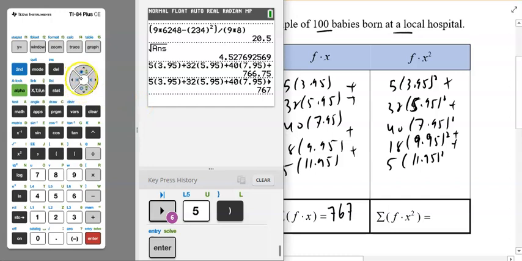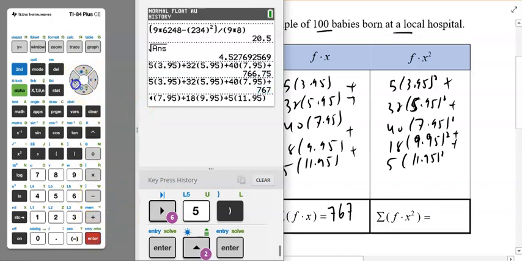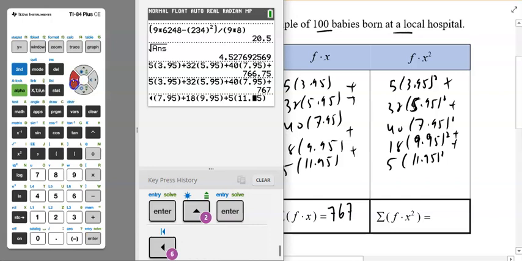I could go back if I really want and just make each of those a square, or I could just input the whole thing. It doesn't really matter. So 5.95, and to insert, okay.